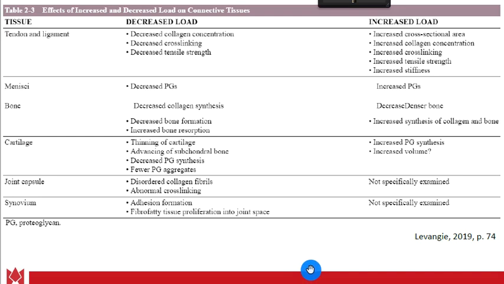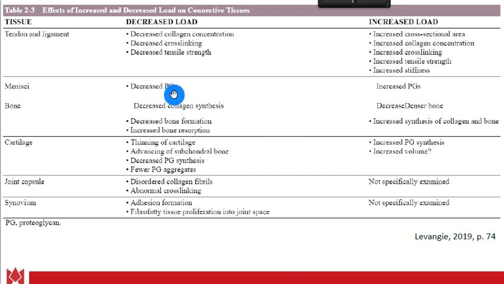And then the last slide I'll leave you with is a nice summary slide of the different tissues and what happens with decreased load versus increased load. We talked previously about cross-sectional area, or CSA, but there are all these other things as well that go along with that, and these are important things to mention.